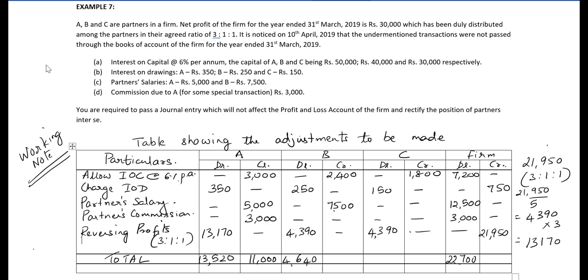B credit total 9,900. C debit total 4,540 rupees. C credit total 1,800 rupees. And firm credit total 22,700.